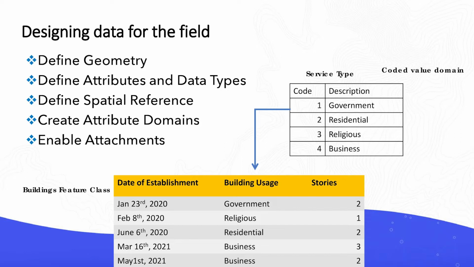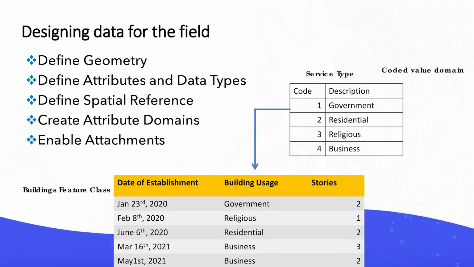For instance, if we are doing building inspections, we may require a text field to enter the building name or usage. We may require a date field to note the date of establishment, or an integer to note the height of the building. As opposed to traditional methods of data collection that rely heavily on paper workflows, ArcGIS Field Maps can consolidate both your location and non-spatial data needs into one.